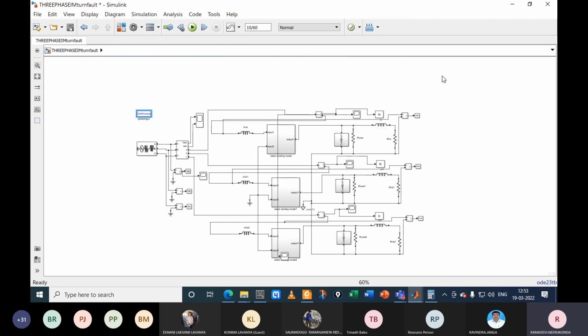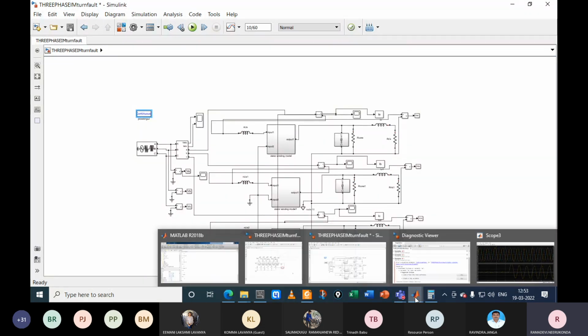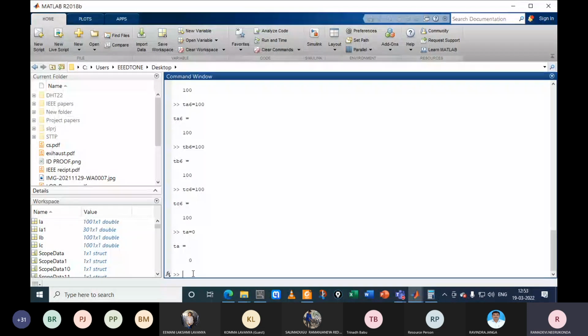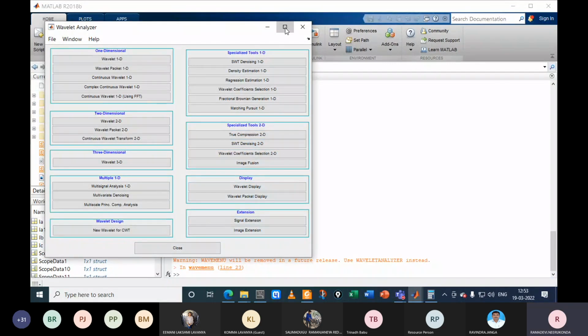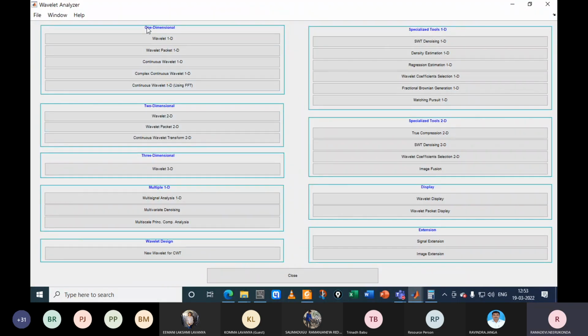But in the analysis part, we need the current signals. So these current signals we send to the wavelet transform. So now I will open the wavemenu. In this wavemenu, we apply the one-dimensional signal. This wavelet transform is applied for the one-dimensional signal.